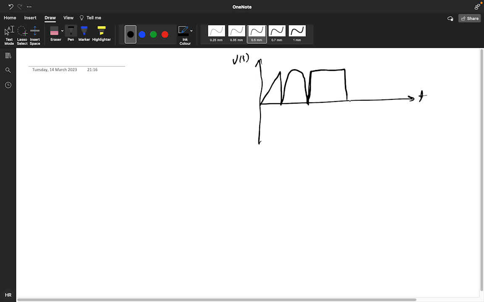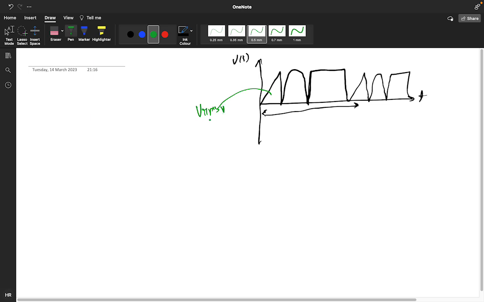This is your total T, and from here it's again repeating. This signal is again repeating like this. So for this kind of signal, how will you solve this? For the RMS value we have to square and add.